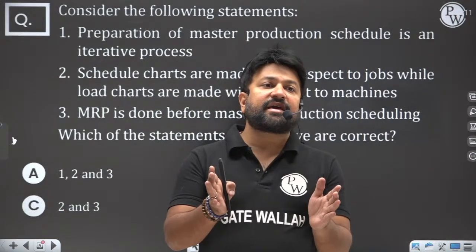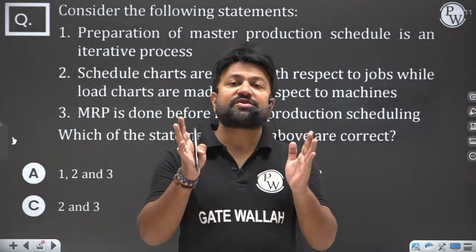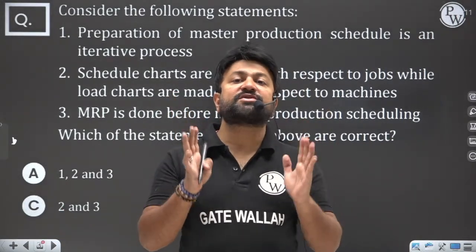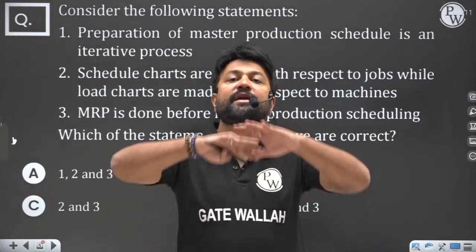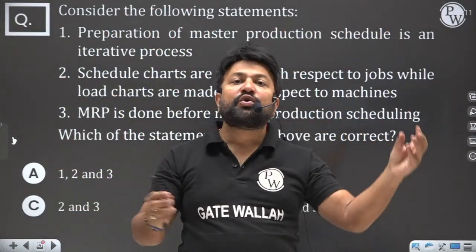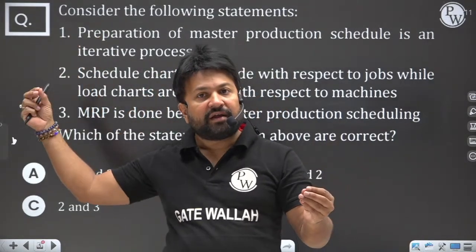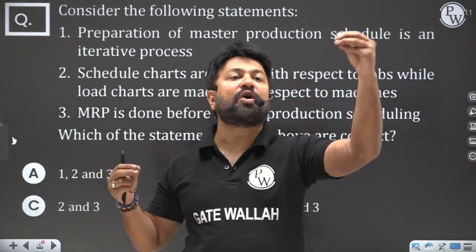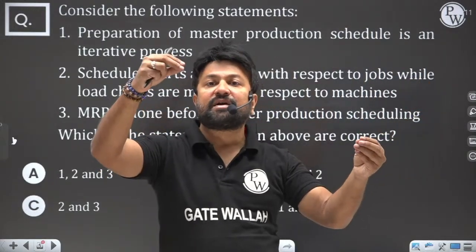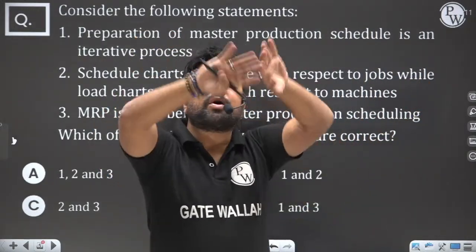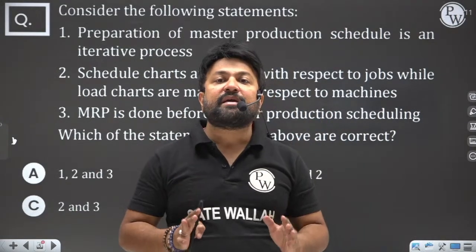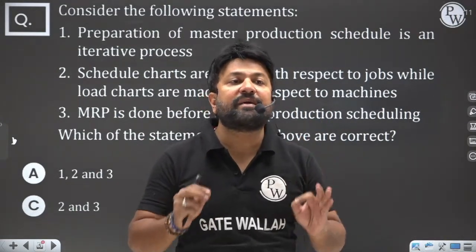My dear student, first of all, the master production schedule you are going to make. According to the master production schedule, you will get how many products are in the inventory, how many products we have ordered, how many products are right now required. According to that, MRP, material requirement planning, will be done.